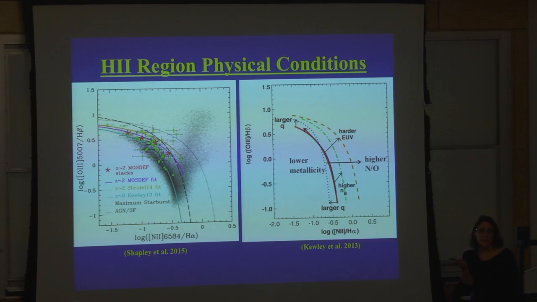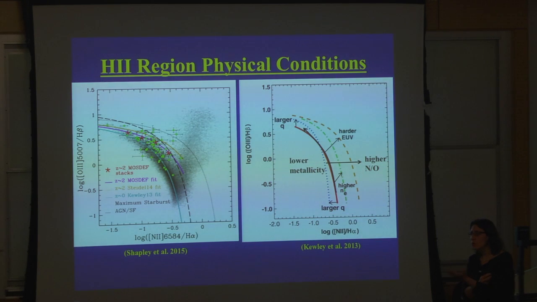If the intensity of ionizing radiation relative to particles was higher, that would also affect where the points are. If there was a different abundance pattern of nitrogen and oxygen, that would also displace points in a certain direction. If the physical density in these star-forming regions was different, that could also displace points in certain ways. So we have many different factors that might be different in these high redshift star-forming regions.